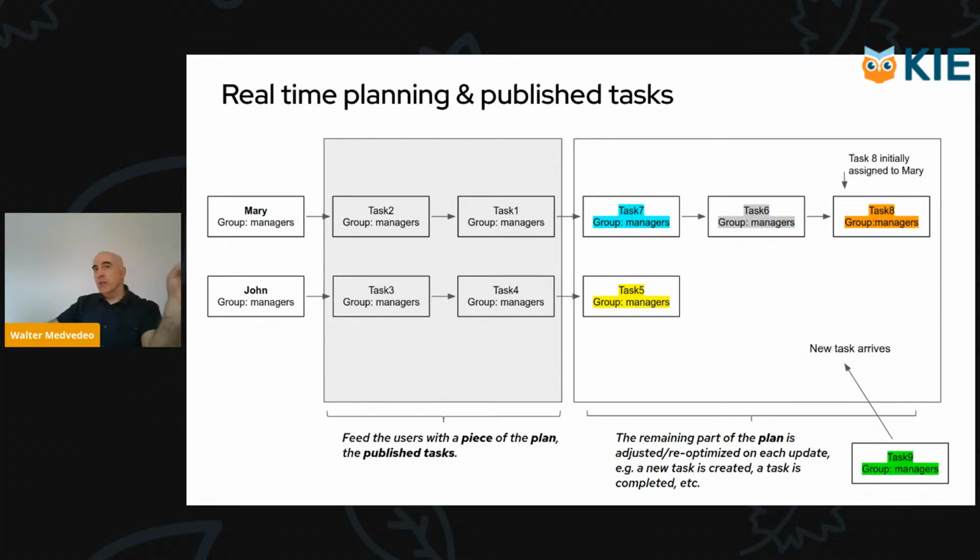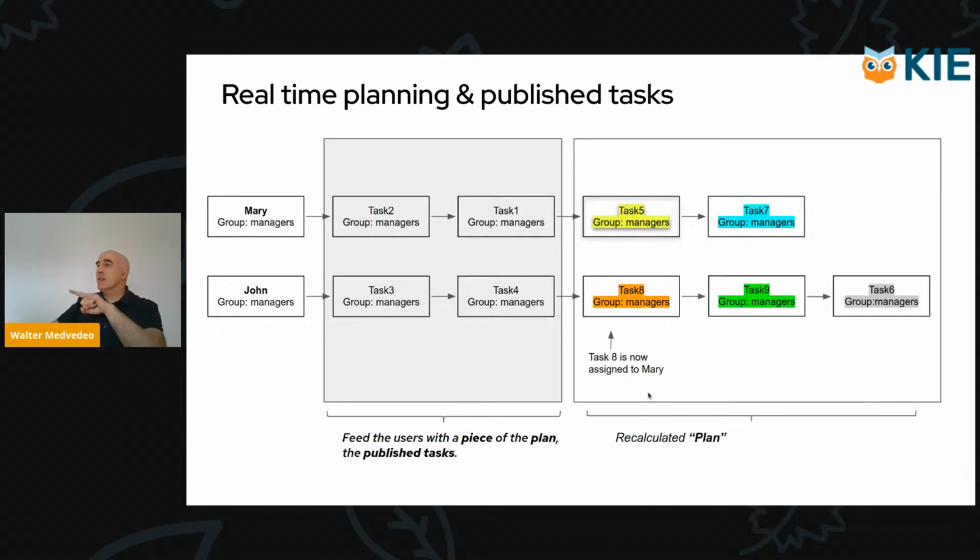We are not only doing this load balancing that you referred to, right? We are also optimizing. So maybe when this new task arrived, the context has changed, and maybe now the best plan says that task 8 should go to another user. You see?